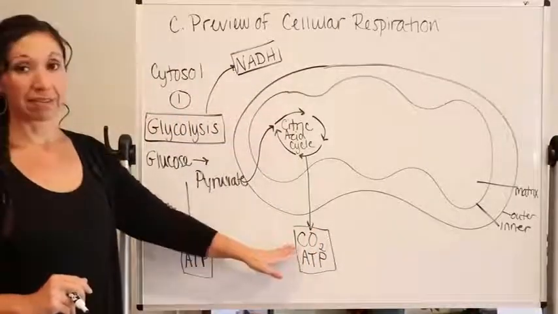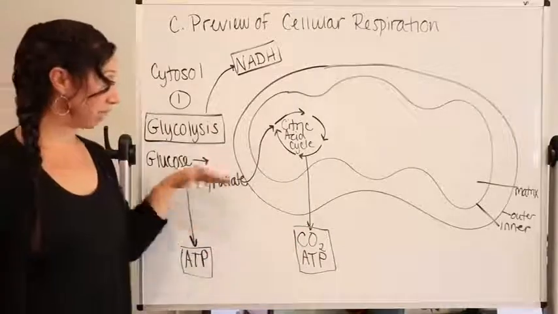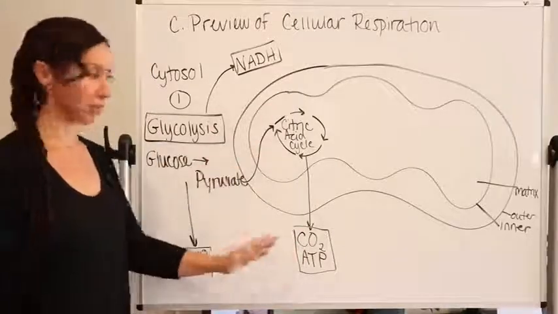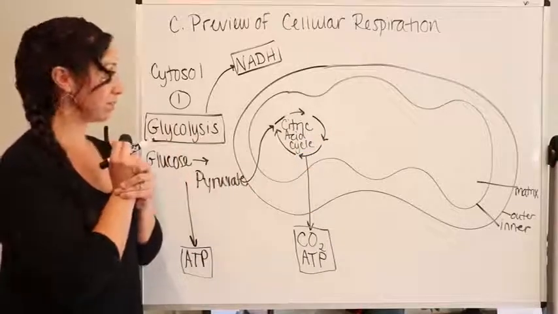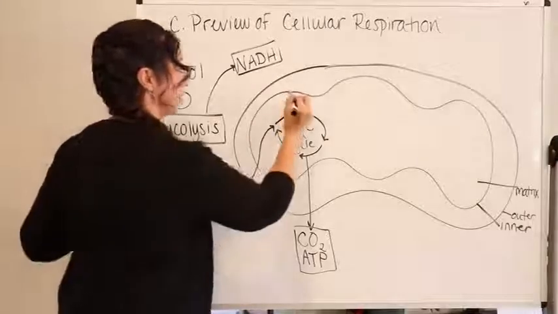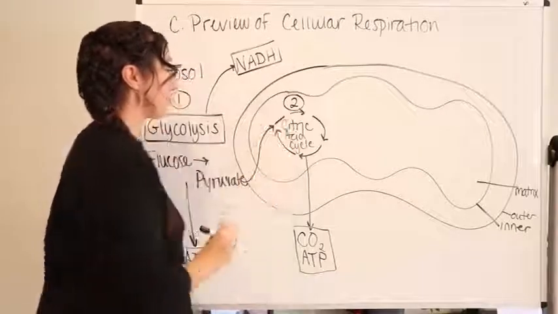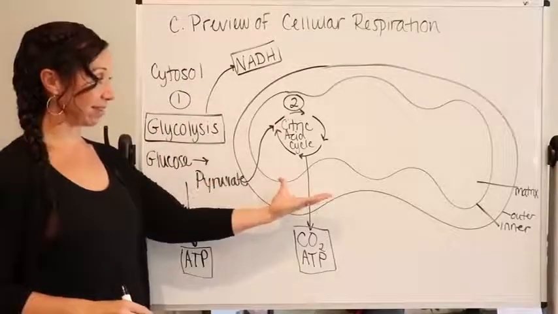But all six CO2 that we make in our reaction all get made from here to here. So this is the carbon dioxide portion of cellular respiration. So now, that would be step 2. First stage is glycolysis. Next is the citric acid cycle.